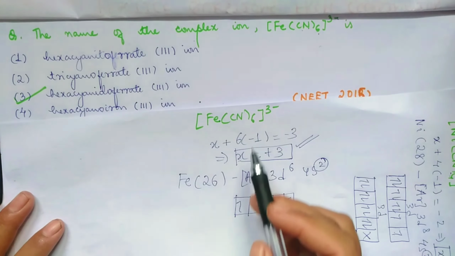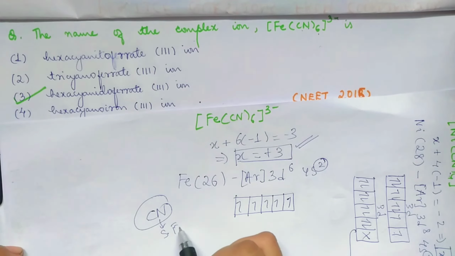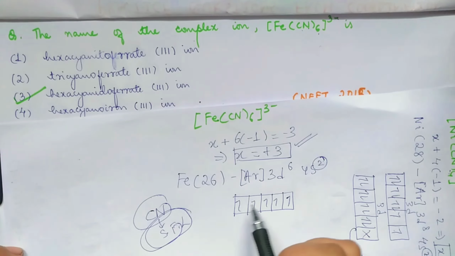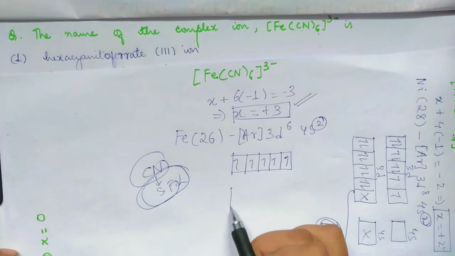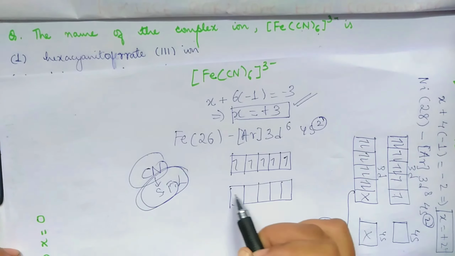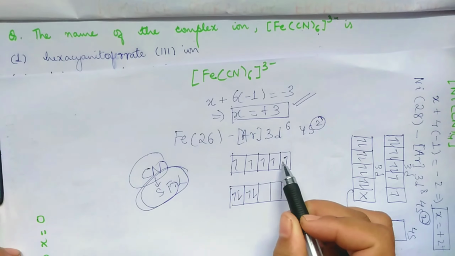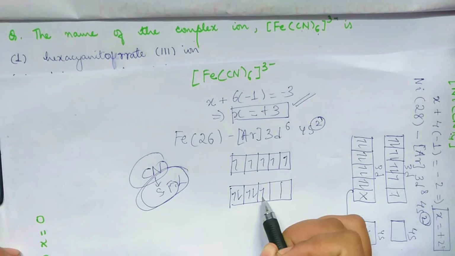Okay. Also here, this ligand is a strong field ligand. Since it is a strong field ligand, these electrons will involve in the pairing. So they involve in pairing and we are left with 1 unpaired electron.